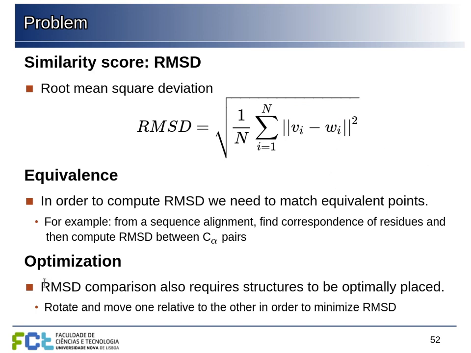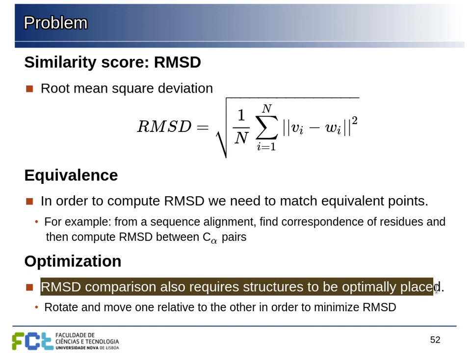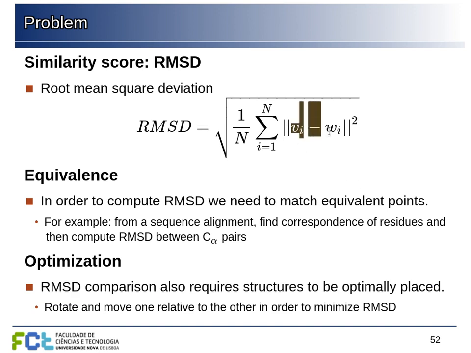So we also need to search for the best overlap between the two so that they are optimally placed, in order that the distance that we're measuring here is only the residual distance after we approach as much as possible the pairing atoms together.